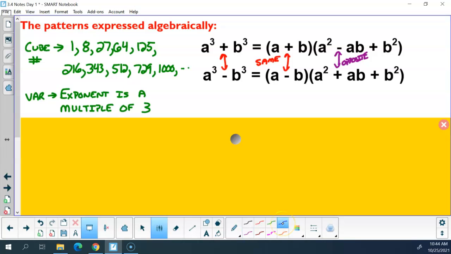And this one is always plus. So it goes same, opposite, plus for your operation.